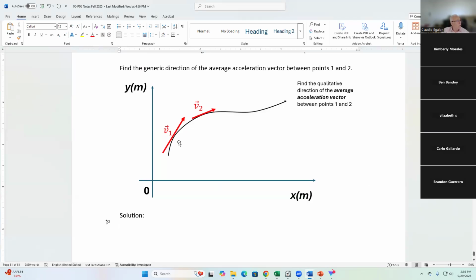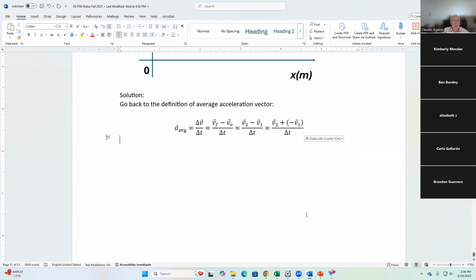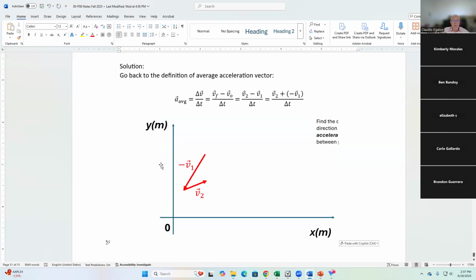Solution. Go back to the definition of the average acceleration vector. Delta V over delta T, V final minus V initial. In this case, the V final is going to be V2. The initial is going to be V1. You're going to sum those two vectors. And then you have to do the graphical analysis of those two vectors.